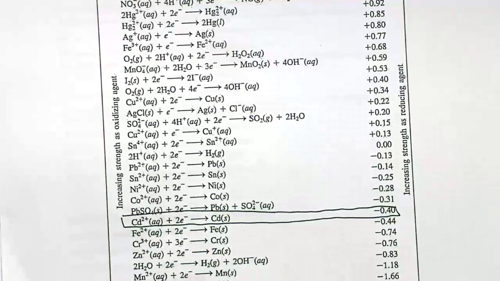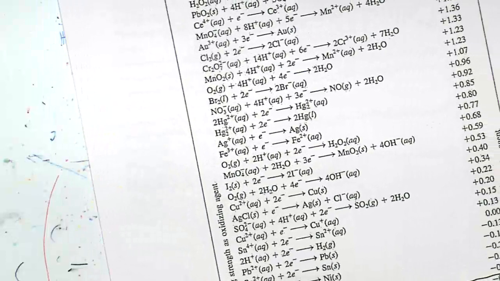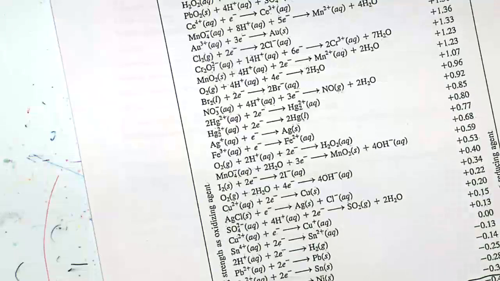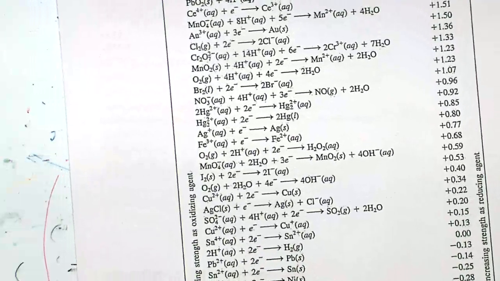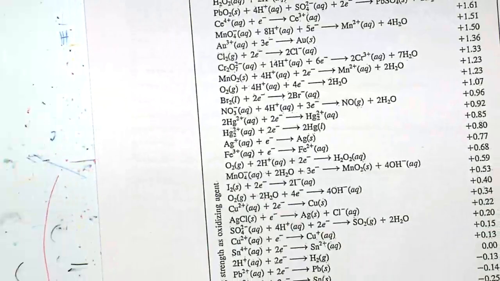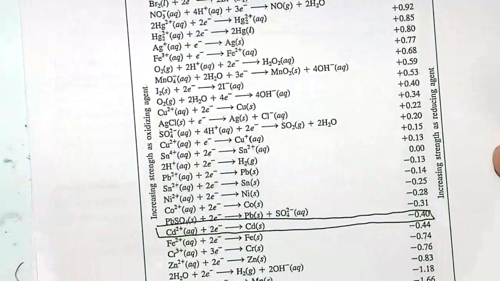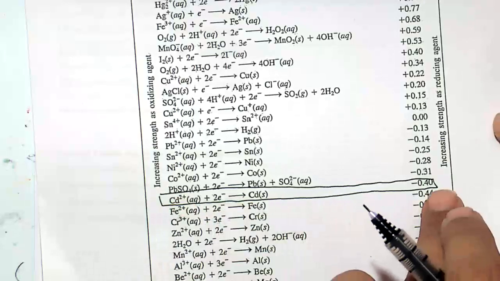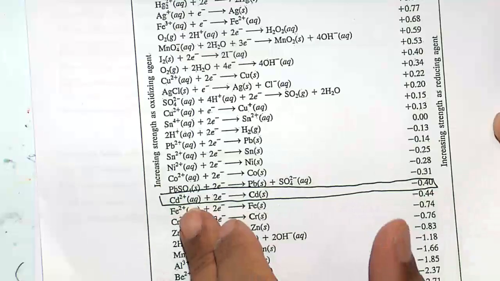All right, so cadmium is here. We'll write it down. This is the cathode. Remember, cathode and anode must come together. This is reduction. Reduction happens at the cathode. Red cat. So I'm going to write this down along with the voltage.